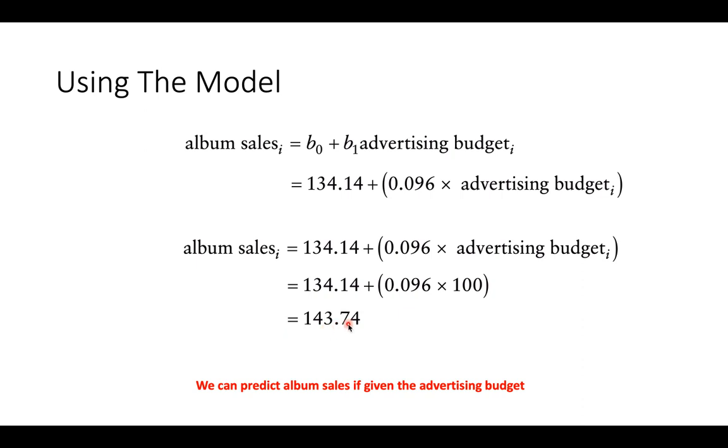So if we moved this decimal point 3 times, we'd have 143,740 album sales. So this 100 is the advertising budget of an album that doesn't exist yet, but we're using this formula that we've created to say, if we spent 100,000 pounds, how many album sales can we expect?